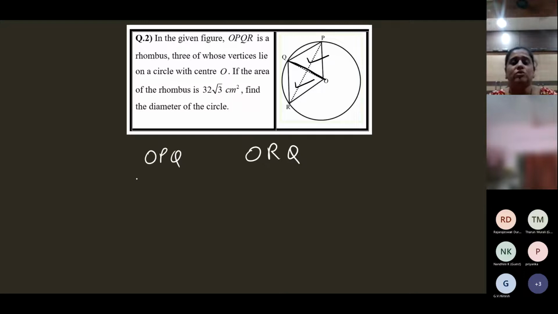All right. To show that it's equilateral, you'll have to show that all the sides are equal. Which are the three sides of triangle OPQ?